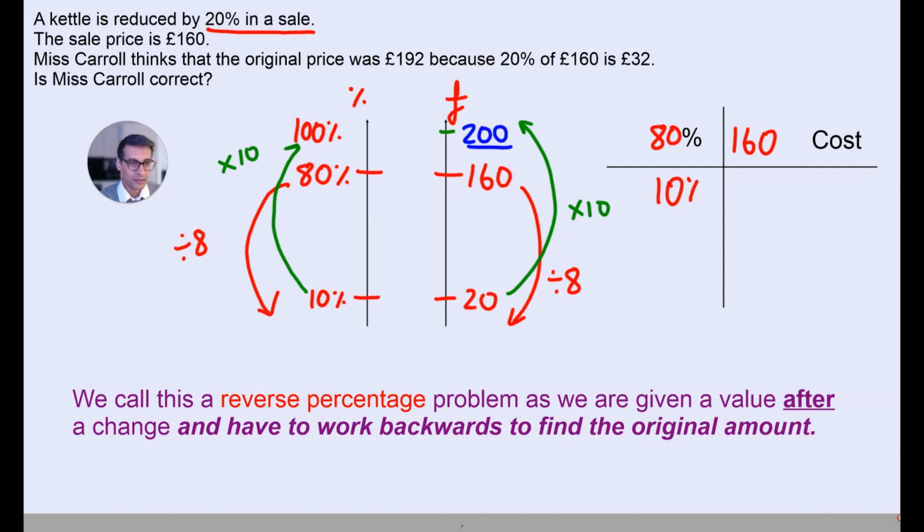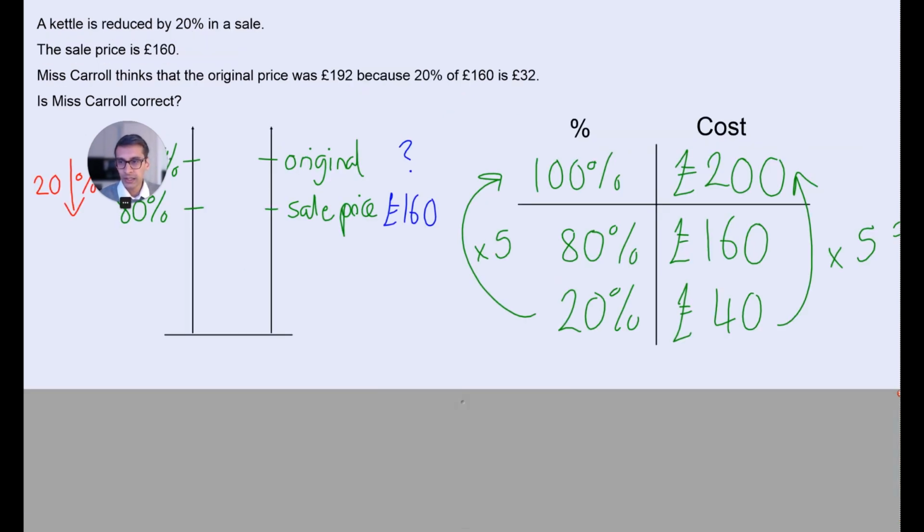So 10% is 20, 100% is 200 pounds. So we know that this is in pounds, and that we can find out the original amount. So here's another way of showing you the working out. You can use either of these.